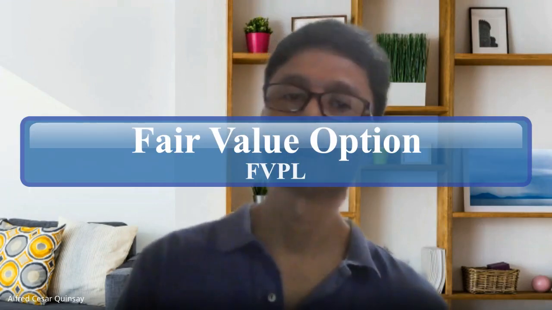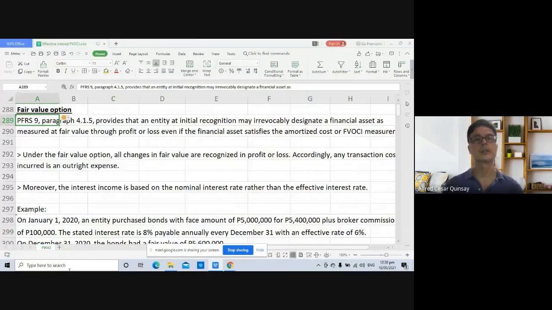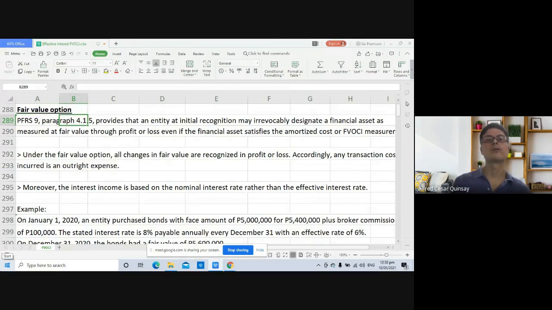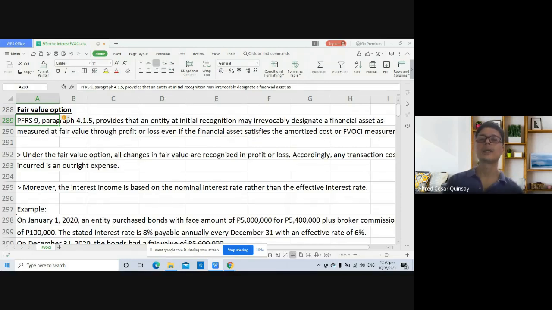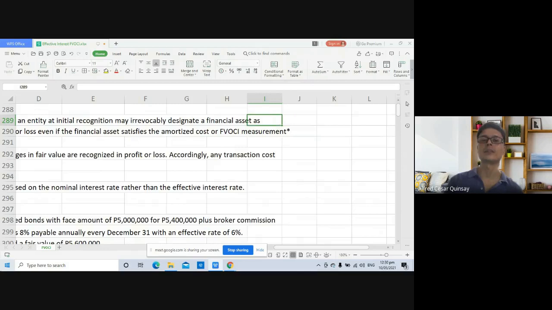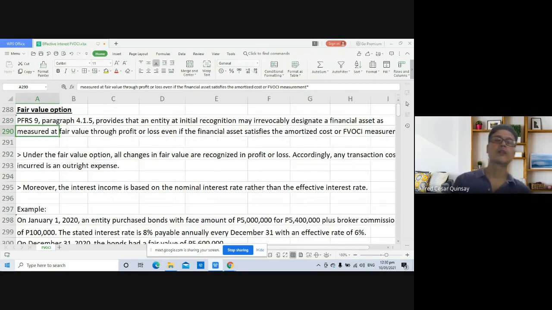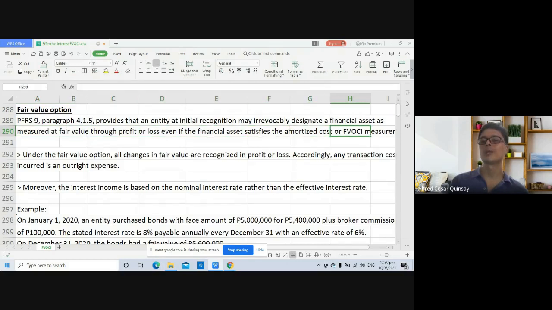So the next topic, it's about fair value option. So without much ado, we can solve the corresponding problem or the corresponding case. So similar rin dun sa FVOCI. So under PFRS 9, paragraph 4.1.5 provides that an entity at initial recognition may irrevocably designate a financial asset as measured at fair value through profit or loss, even if the financial asset satisfies the amortized cost or FVOCI measurement.